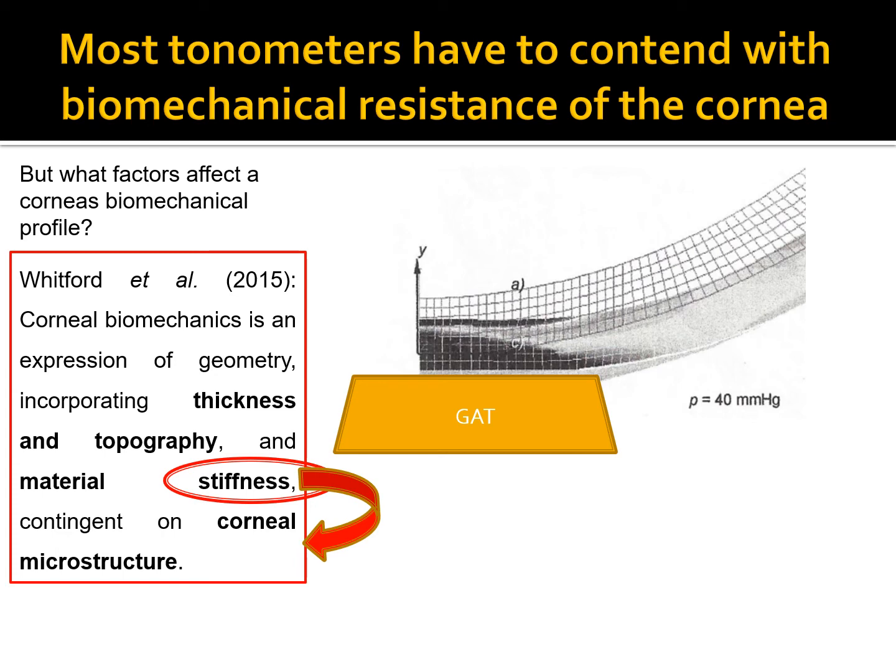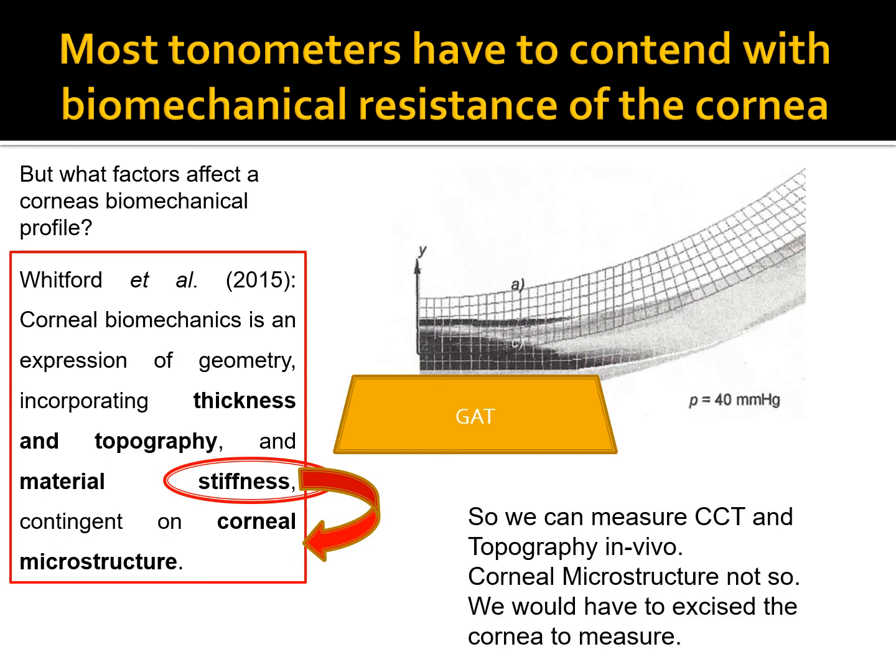So while we can measure topography and CCT in vivo, corneal microstructure we can't. We would have to excise the cornea to measure the stiffness. So that's why CCT is almost by default the only thing that we can really measure, theoretically.